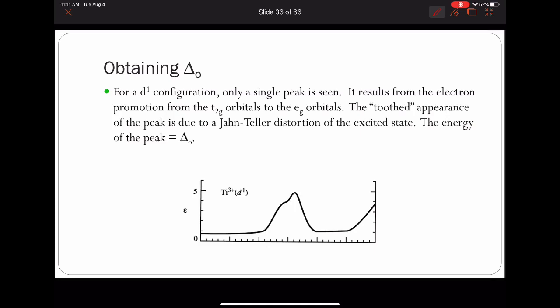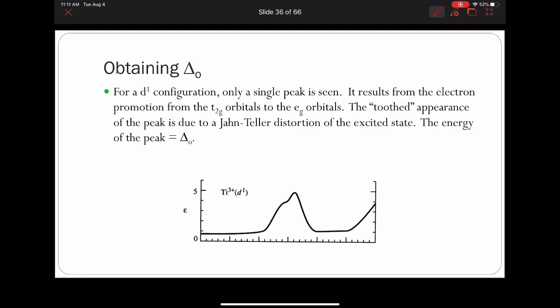And that toothed appearance of the band is due to a Jahn-Teller distortion of the excited state. Recall whenever we addressed Jahn-Teller distortions previously, that the strongest distortions are going to occur when we have a degeneracy in the eg* set of orbitals.